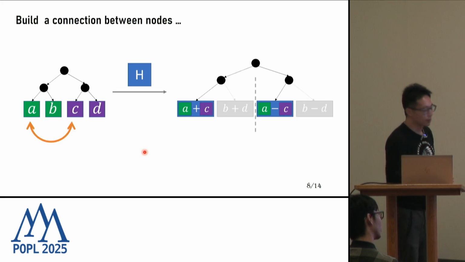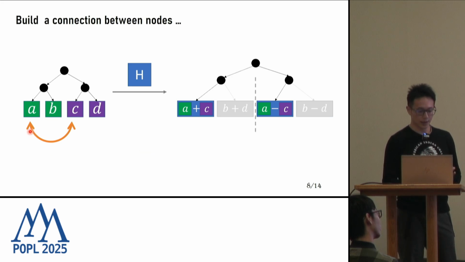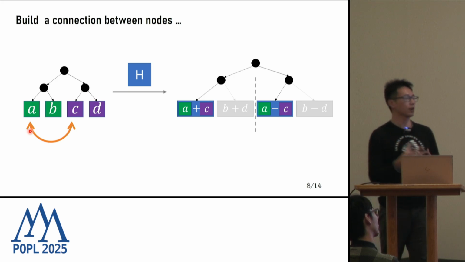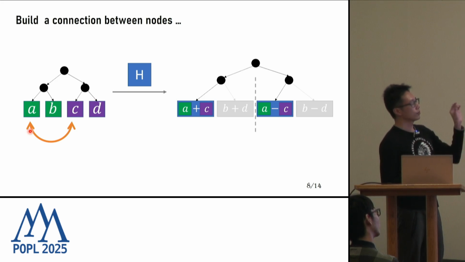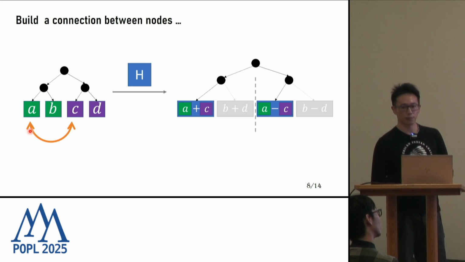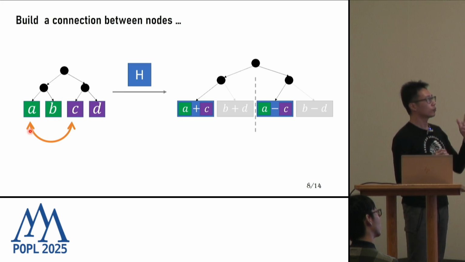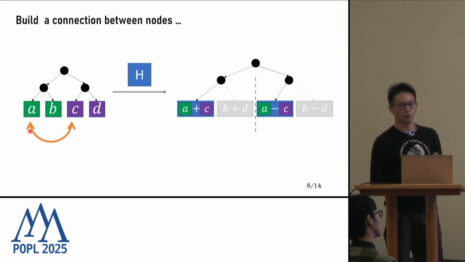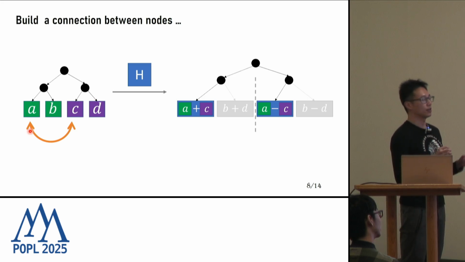So for this node A, when we try to calculate the result after applying the Hadamard gate, node A needs some information from node C. So in a sense, we want to build a connection between nodes so that we can calculate the result after applying the Hadamard gate efficiently.